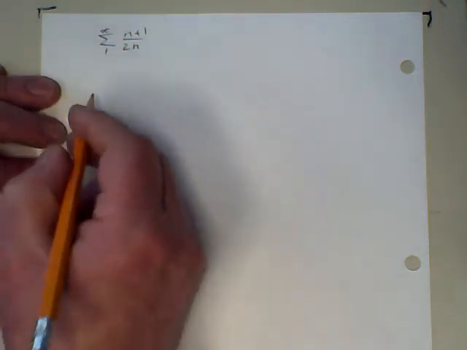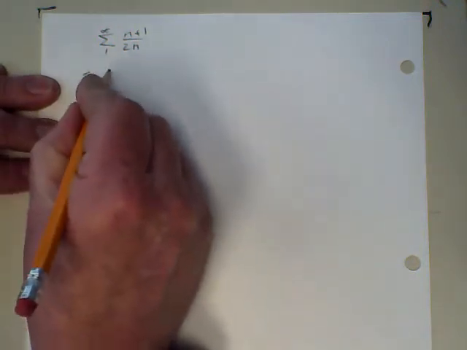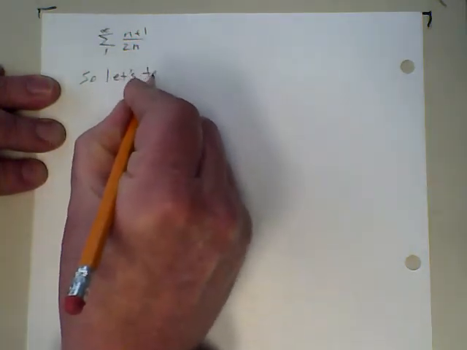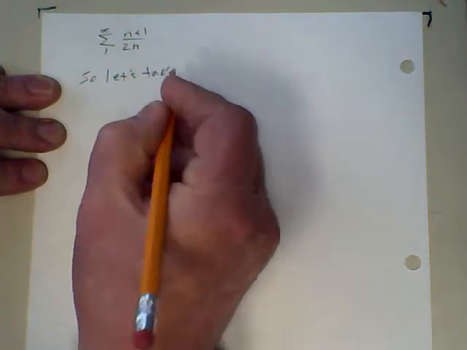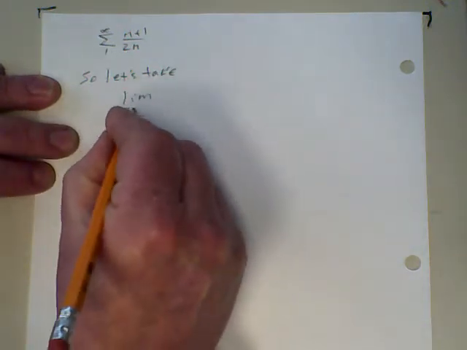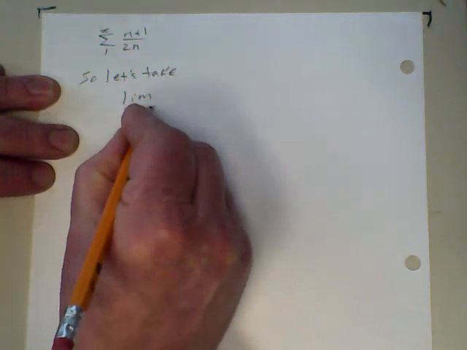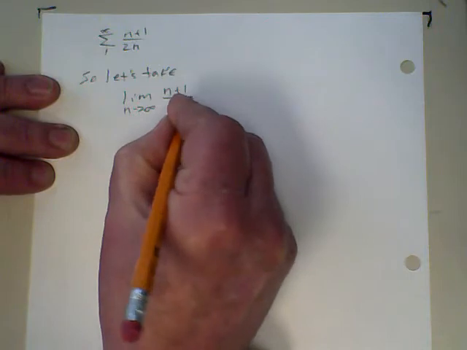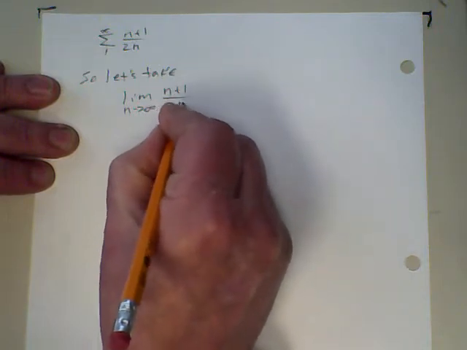So let's take the limit as n goes towards infinity of n plus 1 over 2n.